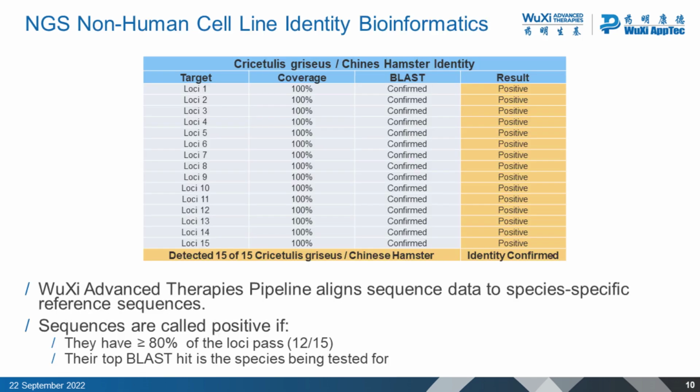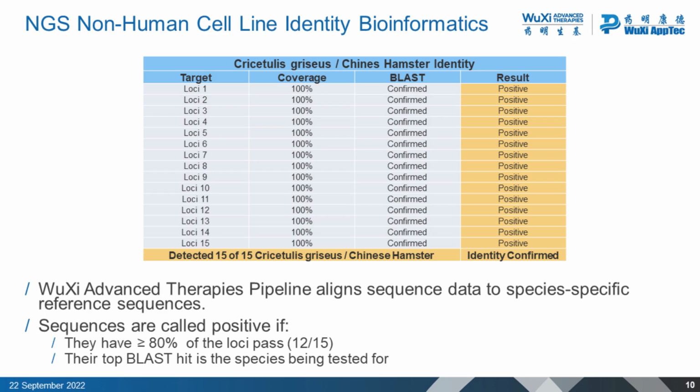Here is an example of what the report looks like for a Chinese hamster identity assay. There are 15 loci that are well defined by WuXi's pipeline and method development. We show the target and the coverage that we obtained. We performed BLAST of each of these loci against the Chinese hamster ovary genome, and we provide the result.